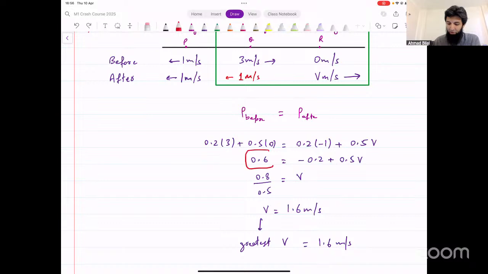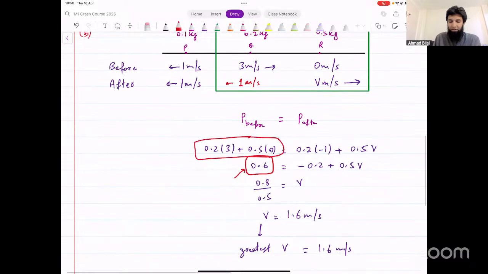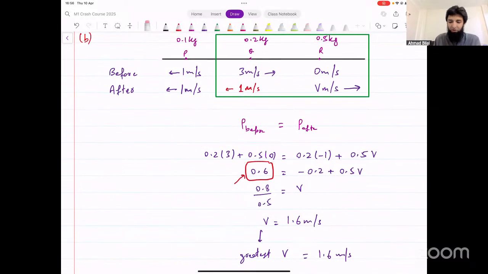You see momentum before collision, what was that? 0.6. That's a fixed value. Momentum before collision, there's nothing that we do not know. We know the velocity for Q, we know the velocity for R. So momentum before collision has to be 0.6. So momentum after collision should also add up to 0.6.